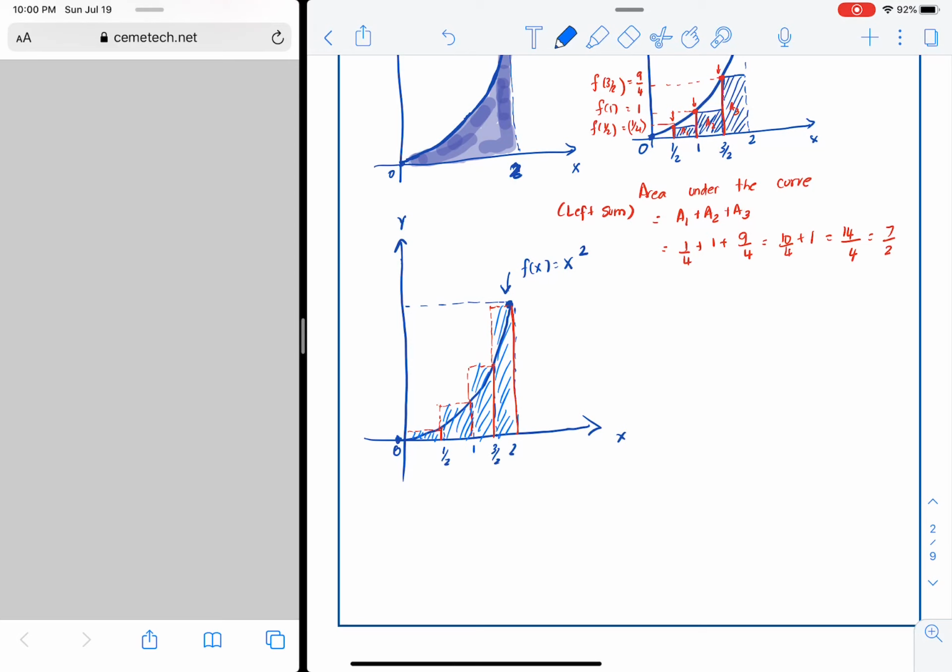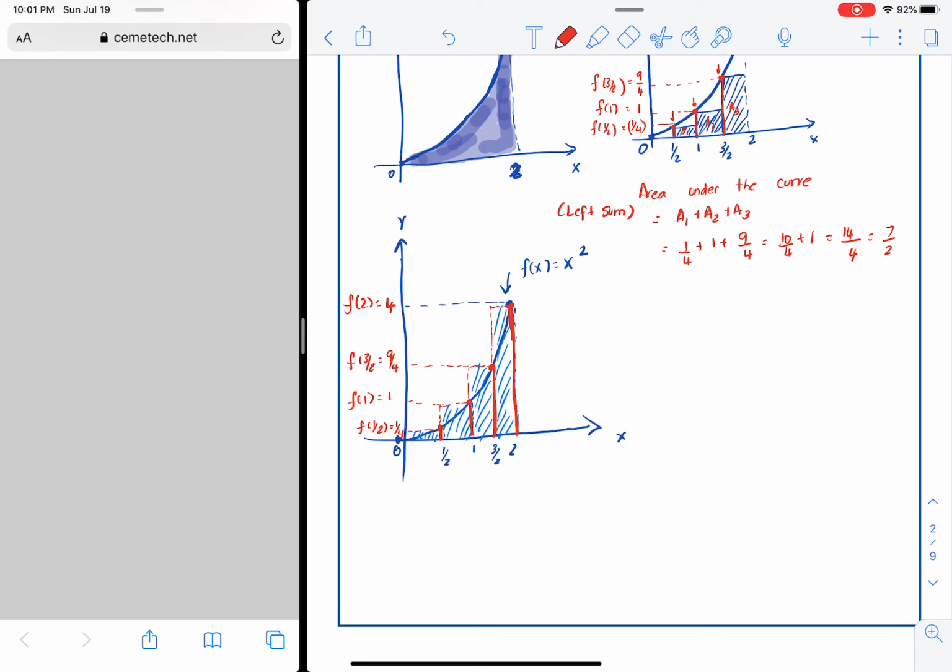And we know those points correspond to the function. So we know the y values. The y there is f of 1 over 2, which is 1 over 4. Over there, it's f of 1. We get 1. Over there, it's f of 3 over 2. We get 9 over 4. And f of 2 would be 2 squared. You get 4.